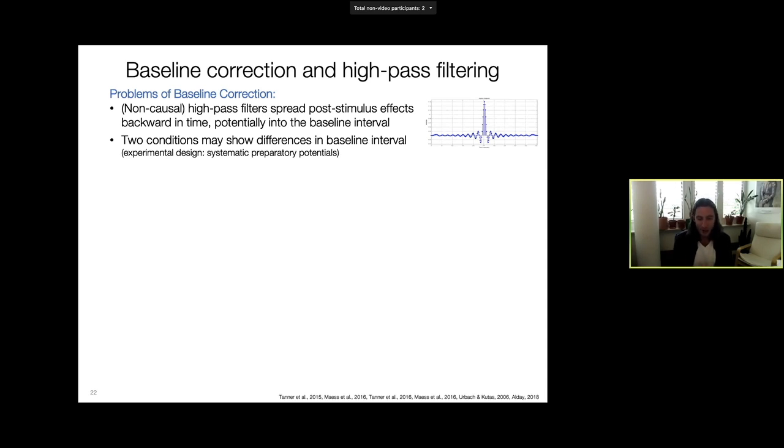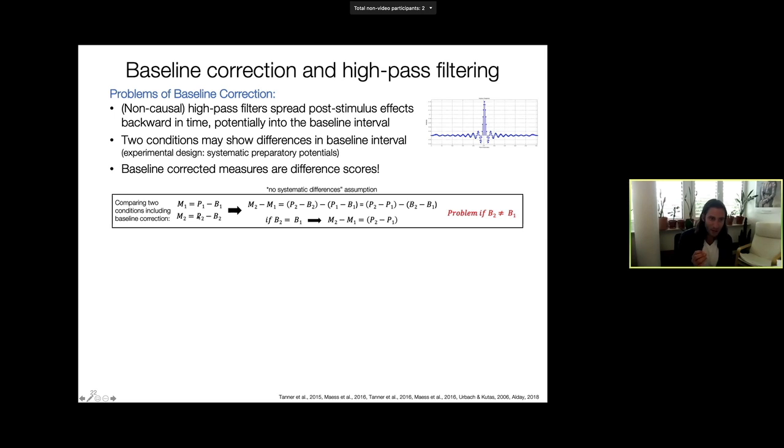And this is because the subject is memorizing some responses or has some systematic preparatory potentials. And you always have to consider that the baseline corrected measures have a different scope, because we subtract the baseline interval from the post-stimulus activity.